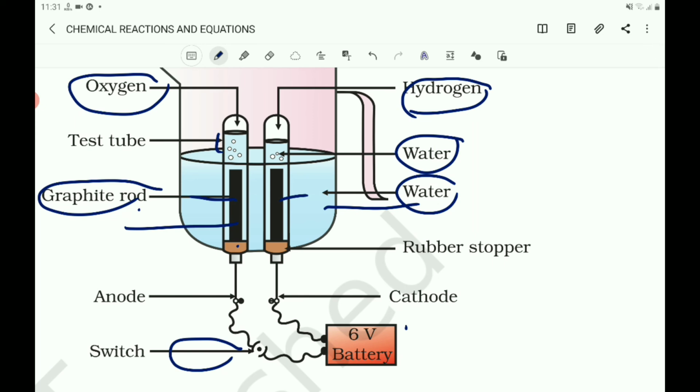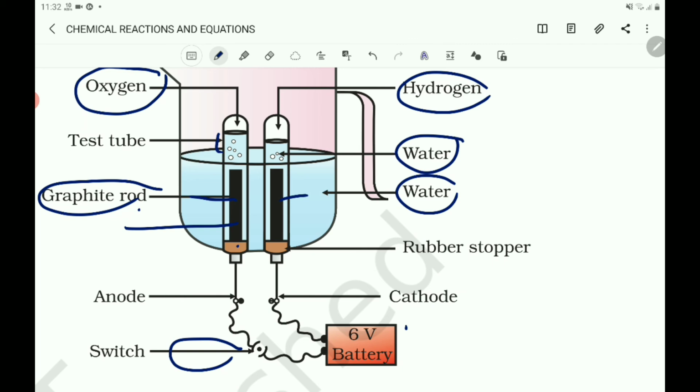Oxygen is a facilitator of burning, and hydrogen is a burning gas. Hydrogen itself burns, but oxygen helps to burn. In this way you can note that the water we have taken is broken down into hydrogen and oxygen.